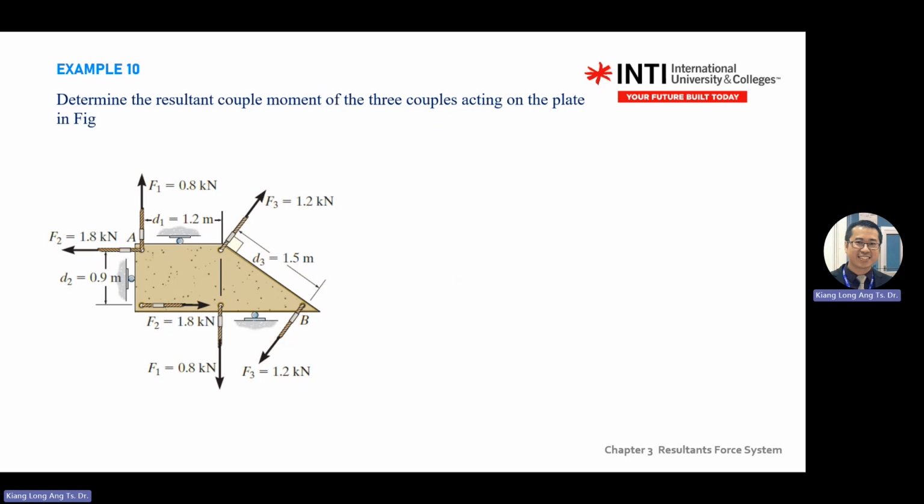Second moment is positive. First moment is negative. Third one clockwise, negative. So you take 1.2 multiplied by 1.5. You get a negative value of moment. You add together. If you get positive, it means the resultant will be anticlockwise. If you get negative, it means the resultant will be clockwise. But anyway, you just remain negative. If you get negative, don't overthink it, unless the question asks you to explain the direction of the resultant.